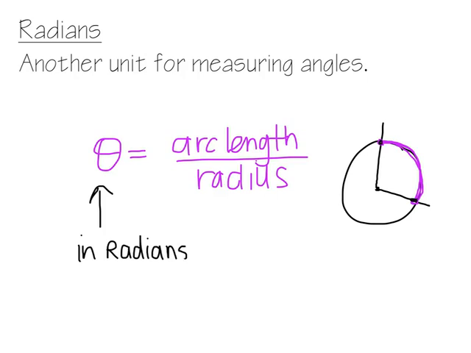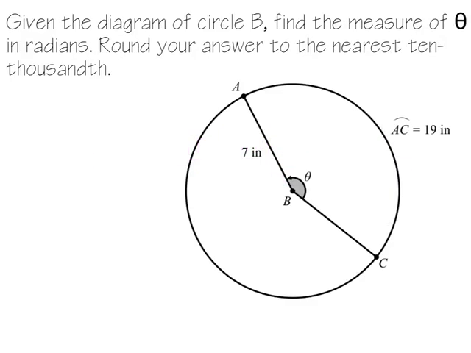Let's go ahead and look at some examples. This first example gives me a diagram. It gives me an angle with an arc length, and it says to tell the measure of angle theta in radians. So I'm going to take arc length divided by radius. And then it says round to the nearest 10,000th.